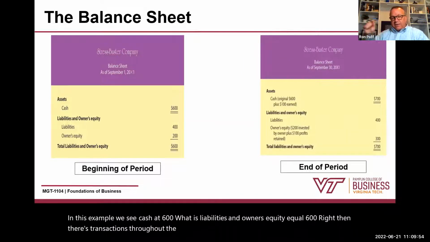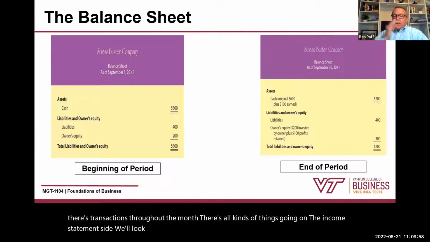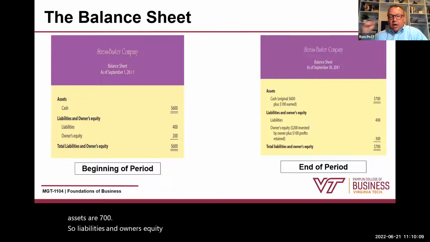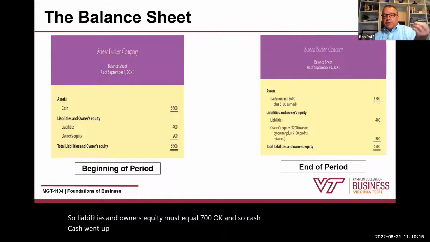Then there are transactions throughout the month. There's all kinds of things going on the income statement side. We'll look at that in a moment to give us then our balance sheet. And so now assets are 700. So liabilities and owner's equity must equal 700, okay? So cash went up $100 because there was $100 earned during this particular period.